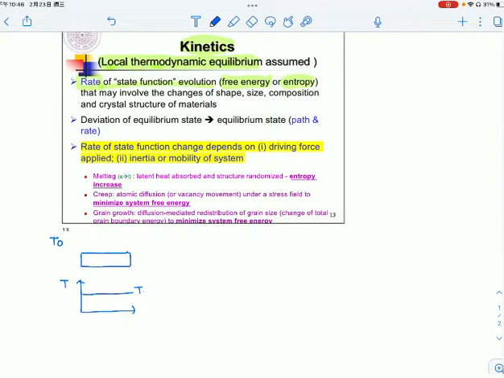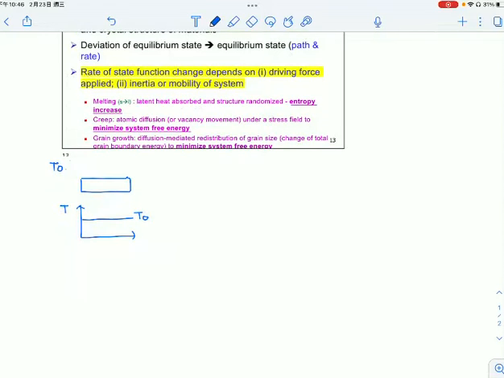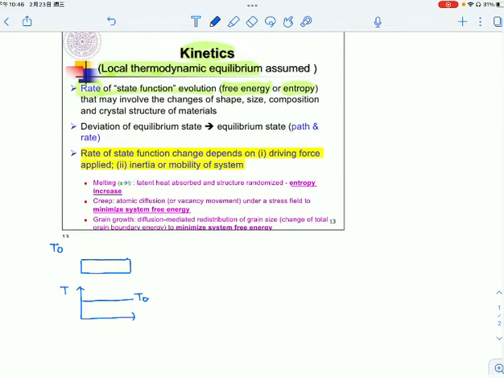It's T0. This is under the thermodynamic equilibrium condition, right? The state function does not change with time, since the temperature along this metal bar is the same.